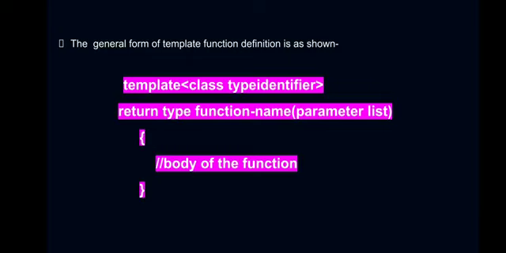Now, we already know how to define a function. The function header contains the return type, that is, what type of value the function is returning, the function name and parameter list, and the body of the function. Whatever type identifier I have given can be used as the return type, in the parameter list, or in the body of the function.